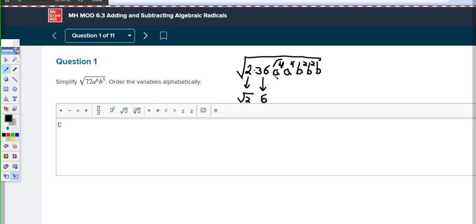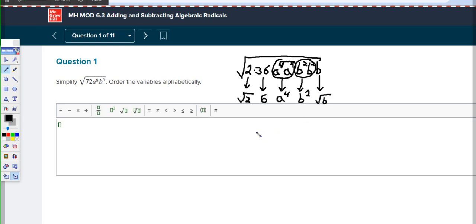And I have a pair of a to the 4s. So I can take that outside the radical as a to the 4. I have also another pair of b squareds. I can take that outside the radical as b squared. And then I have this leftover b, which is not paired up, and it's not a perfect square, so that has to stay underneath the radical.